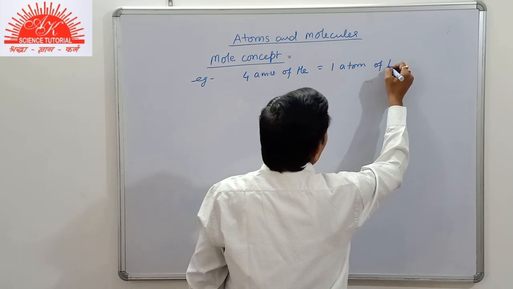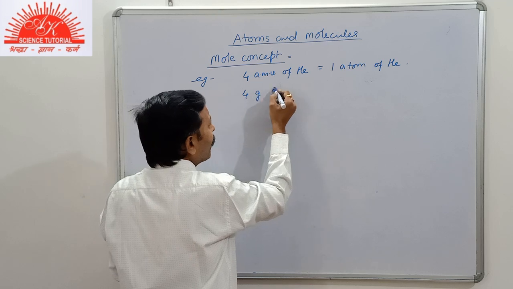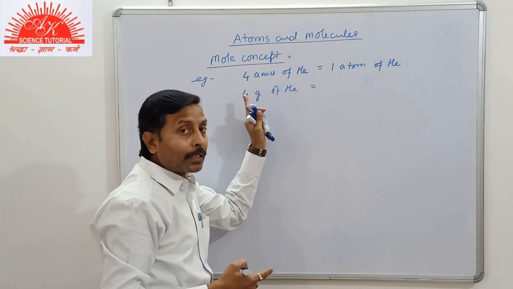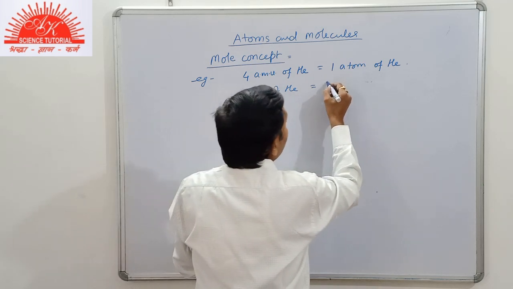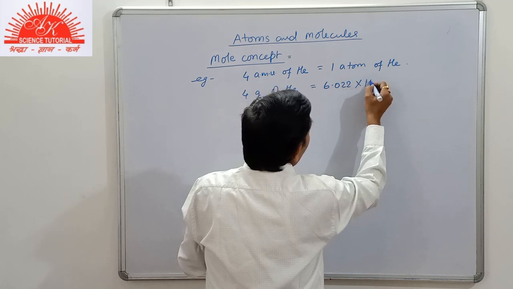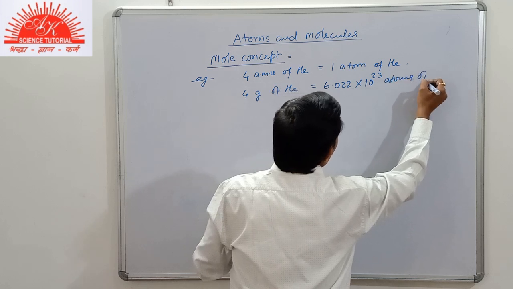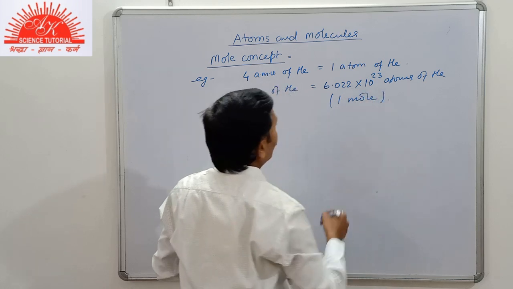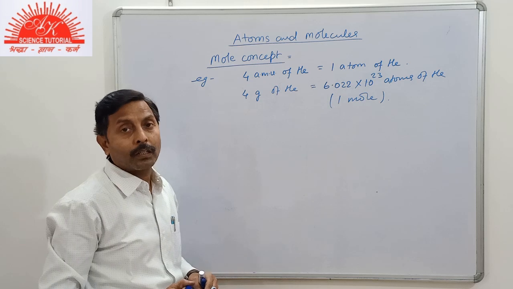But if we write 4 gram of helium, then it is equal to atomic mass in gram. So it is equal to 1 mole of helium, that is 6.022 into 10 to the power 23 atoms of helium. That is 1 mole of helium.